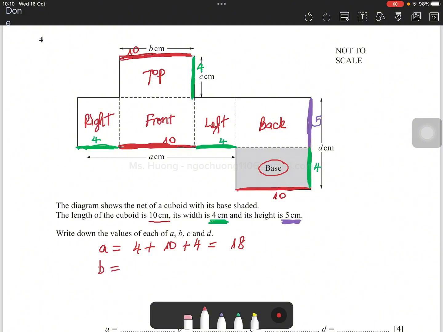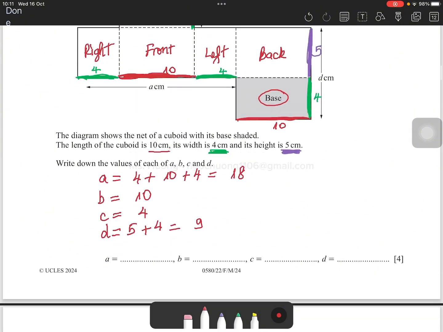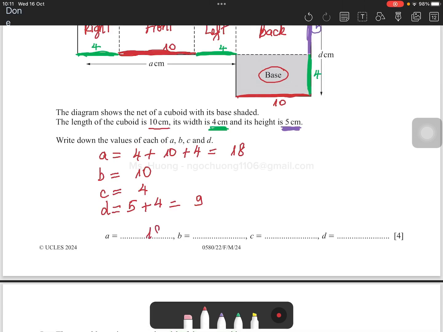B is equal to the length, so it is 10 centimeters. C is the same as the width, so it is 4 centimeters. And D is equal to 5 plus 4 equals 9 centimeters. So the final answer is 18, 10, 4, and 9.